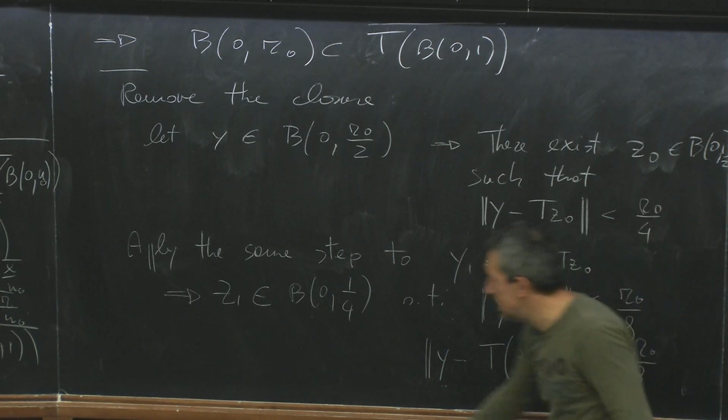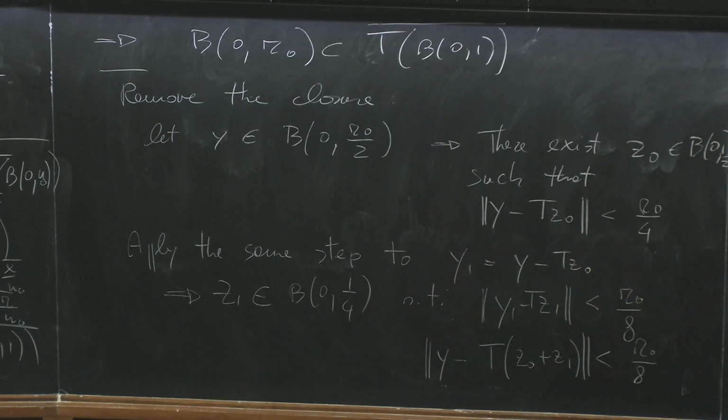So I proceed in this way. What I get is a Cauchy sequence, one converging to y and the other converging to another z.